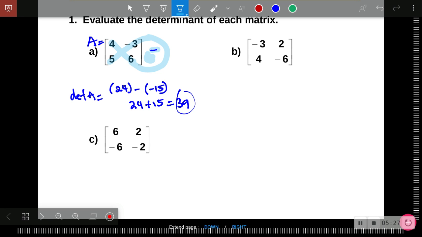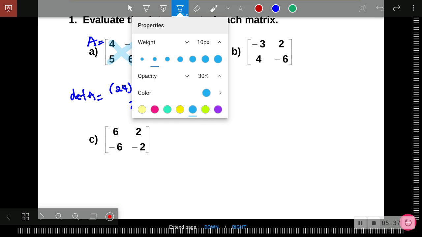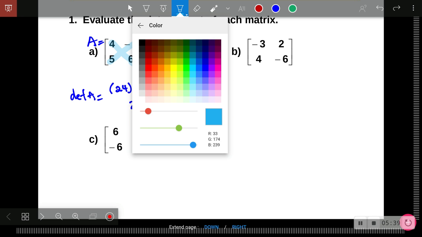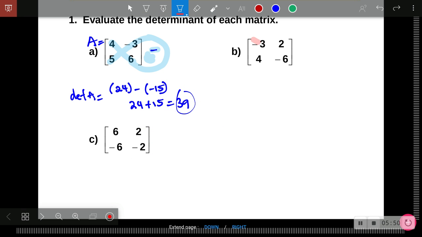Okay, so next we're going to find this next one here. Oh, hang on. I got to get the right color on here. I'll go with a red fish. I'm not sure there is a red fish, but anyway, multiplying those two first gives 18 and then minus 8. So we get 18.